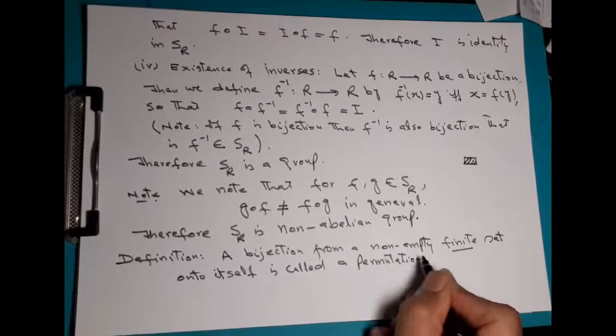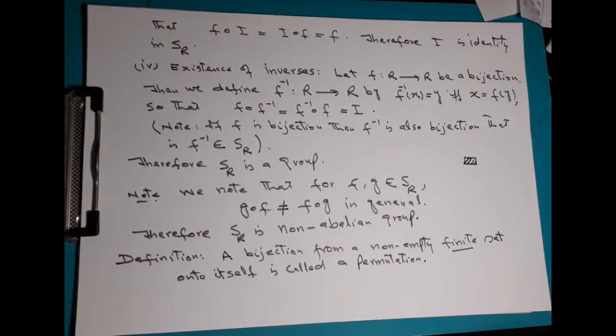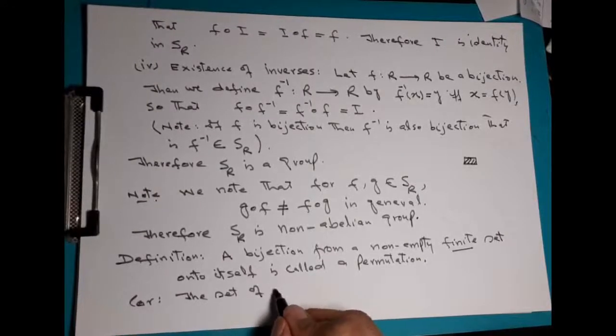We will discuss this concept in much more detail, but I have written this definition just here because I want to write a corollary of our above proposition, that the set of all permutations on a finite set is a group.